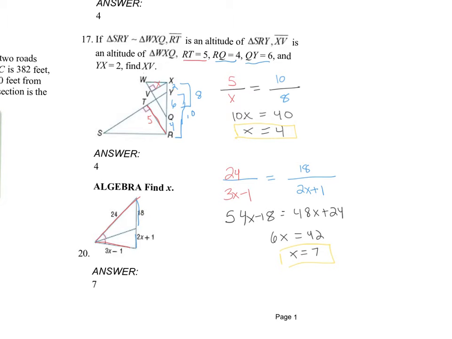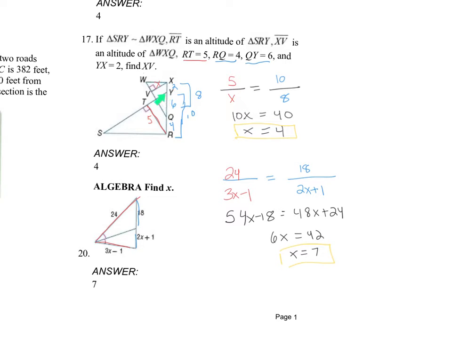Alright, so we're going to pick up with section 7.5 homework with number 17. And if we look here, we are given this information. So we are told that RT right here is 5, that RQ is 4, that QY is 6.